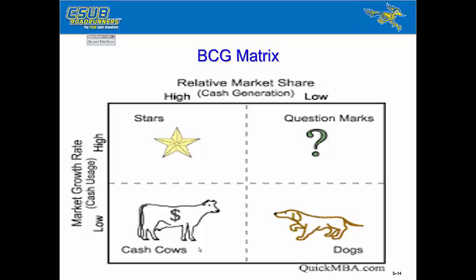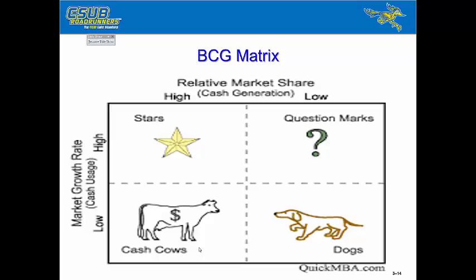If you have a big chunk of the market, but the market's not growing very much, that's called a cash cow. Basically, it's generating a lot of money for you. You've got dominance over the market, but that cow is going to die sometime. It's going to have a limited lifetime. So you milk all the money that you can out of it, and then eventually it's going to die because the market's not growing.